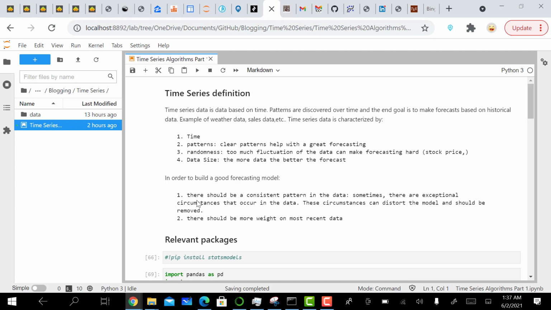Also, a good indicator of a good forecast model is that you always want to remove exceptional data. What do we mean by exceptional data? It is a pattern that is very unusual, that should never happen, but it has happened. If I go back to the example of the temperature, during the summertime we may get a light snow. It may happen, but it's very unusual.